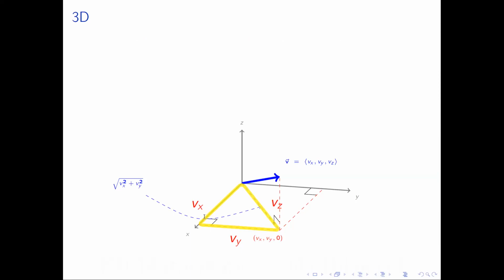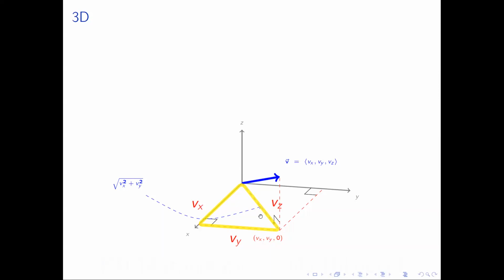Remember that we dropped the perpendicular to the x-axis, so here it's a right angle, and that's the hypotenuse. The hypotenuse is going to be square root of (v sub x to power 2 plus v sub y to power 2) quantity.